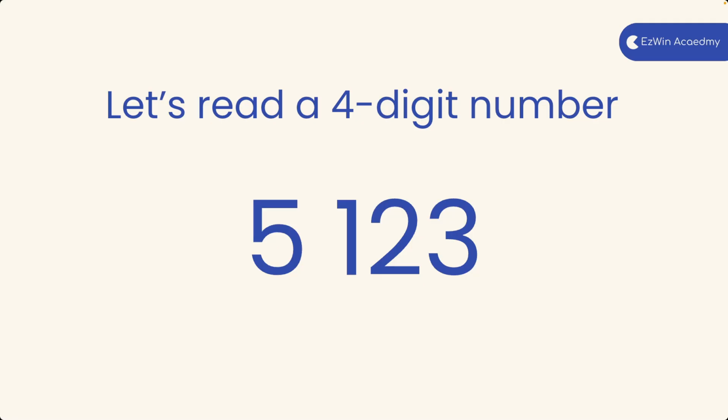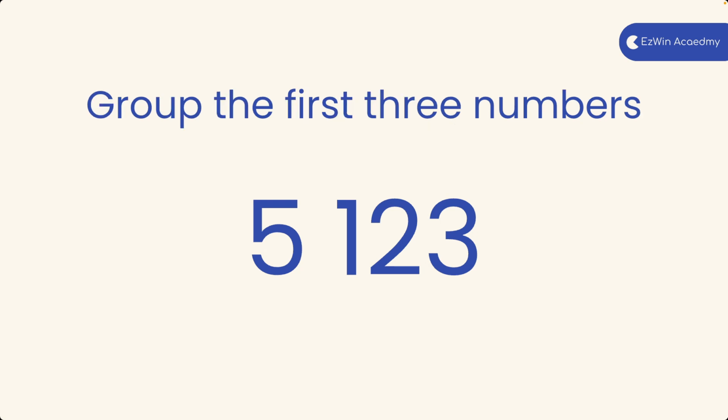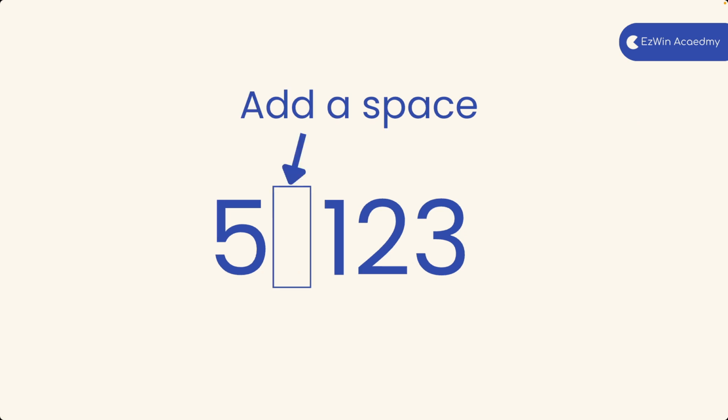So let's move up to a 4-digit number. I'm going to share how to read this simple 4-digit number. First of all, you need to group the first 3 numbers. When I say the first 3 numbers, I'm talking about 1, 2, and 3. So you group them up. And then after that, you add a space before the group. You see the space in between the 5 and the 1, 2, 3.